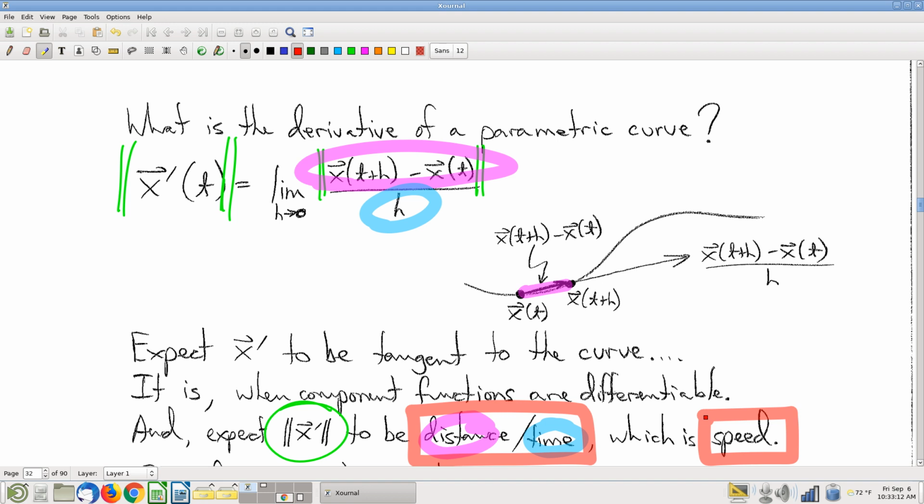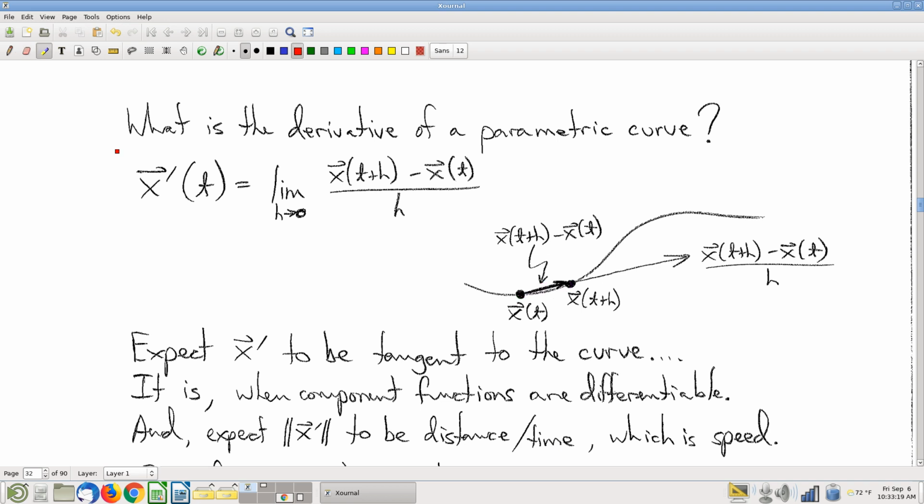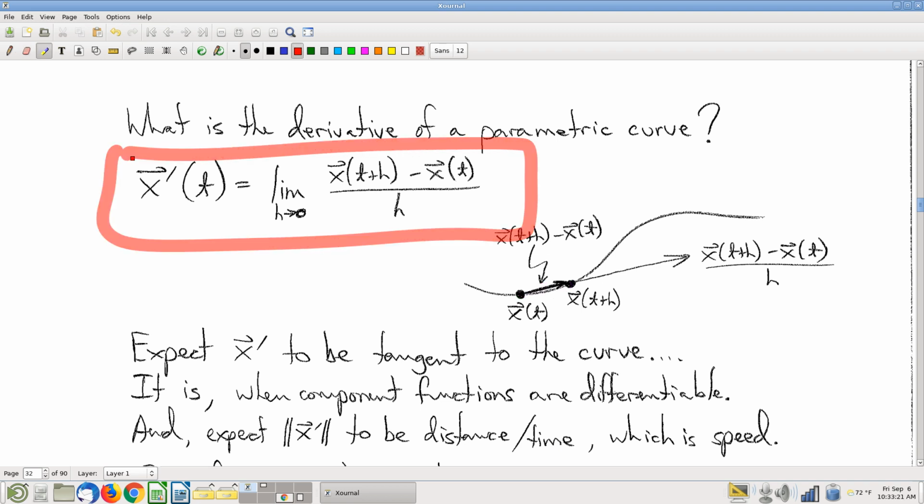Basic physics thing, right? So we know two things about our brand new definition. Again, we pulled this kind of out of thin air. Well, okay, now we ripped this off symbolically with no justification. And what we see now is that this is actually geometrically very natural. It's a tangent vector whose magnitude is the speed.